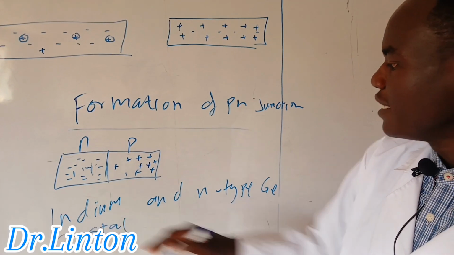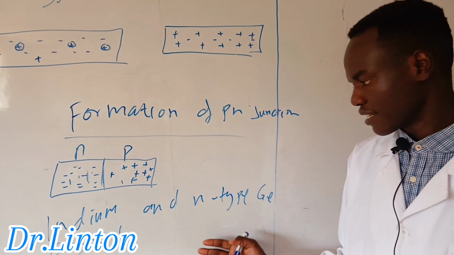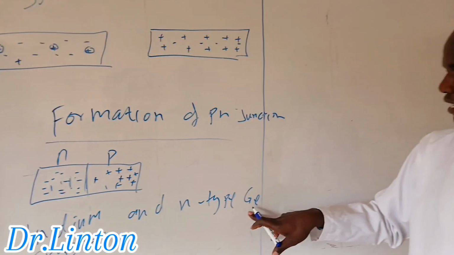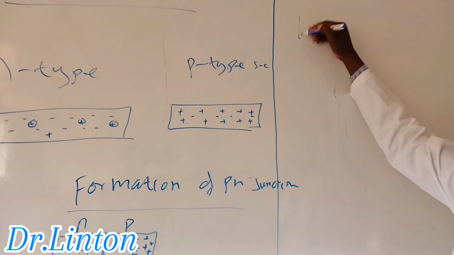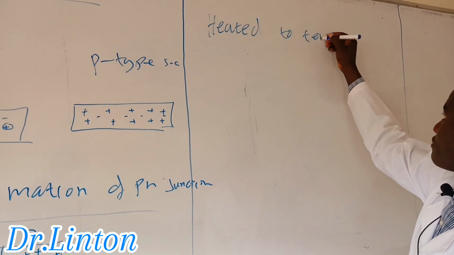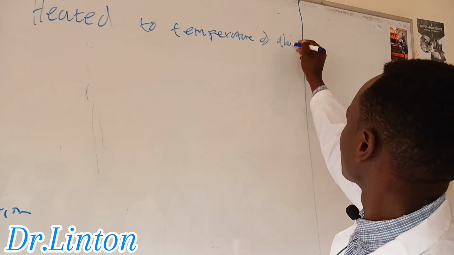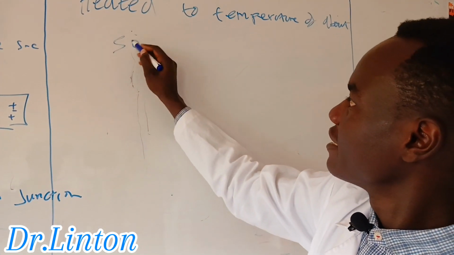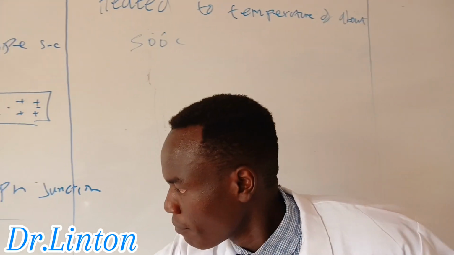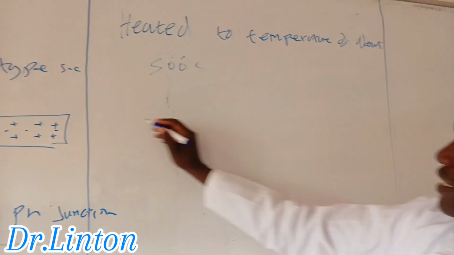When the indium and the N-type germanium crystal are heated to a temperature of about 500 degrees Celsius, they will melt.